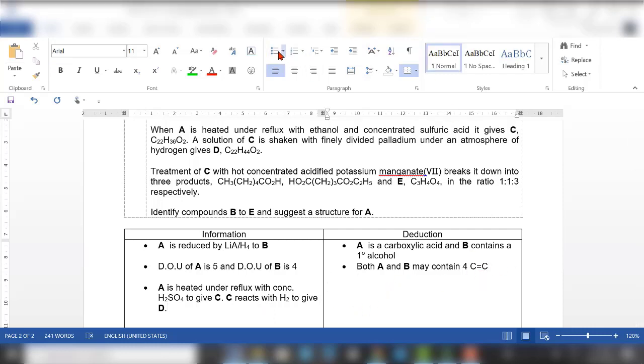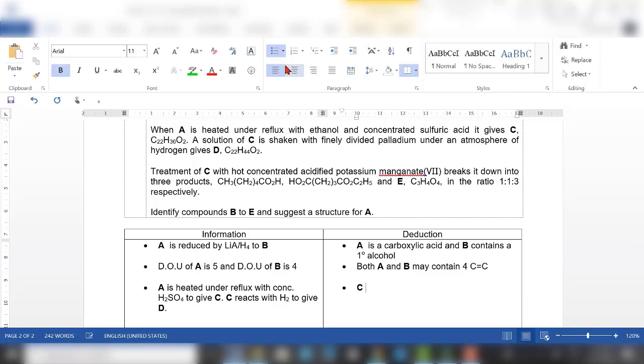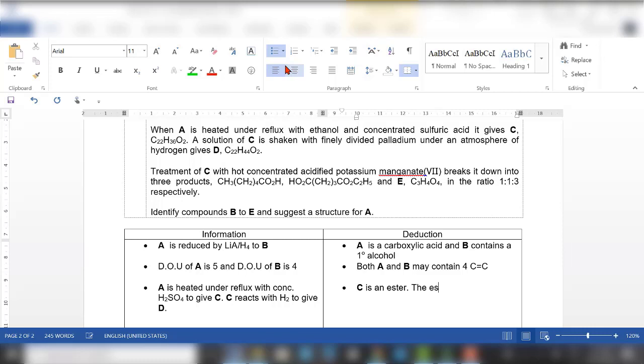First, I think you can tell that C is an ester, right? Okay, and for the case of D, you can say the ester group remains in D, and the rest of the C=C double bonds get reduced by H2.